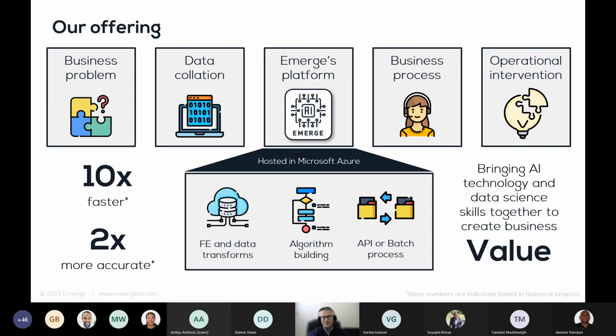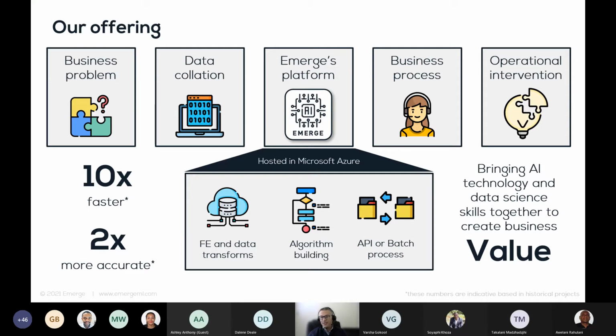And we follow a very simple five-step process. First and foremost, it's about understanding the business problem that we're trying to solve, what data can be used to solve it, and then it really comes down to our Dragon platform, where we do all of our data transformations. We've automated the whole process to allow us to be extremely quick in delivering these solutions. So data transformations, algorithm building, and all of that happens in our engine.